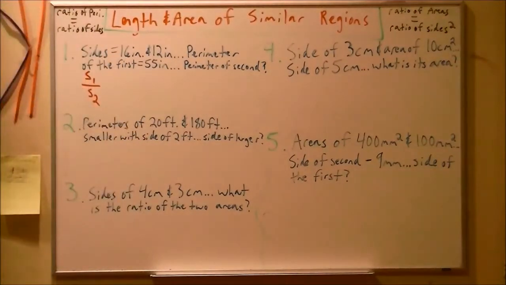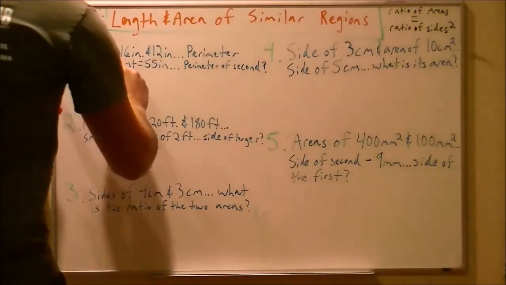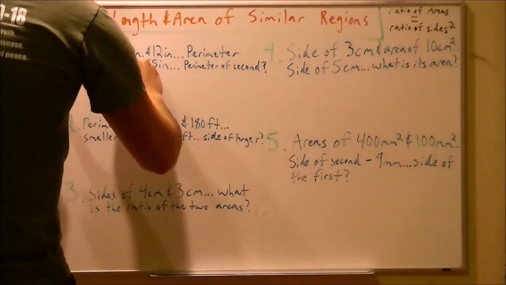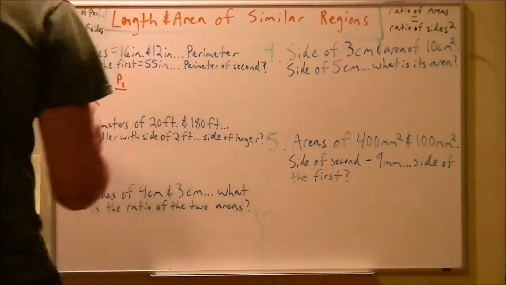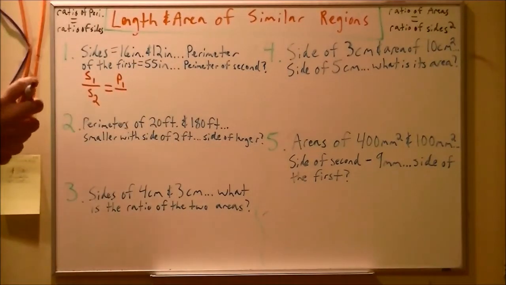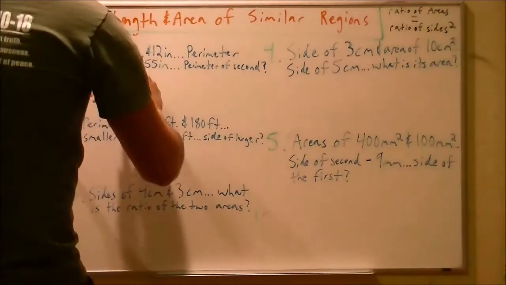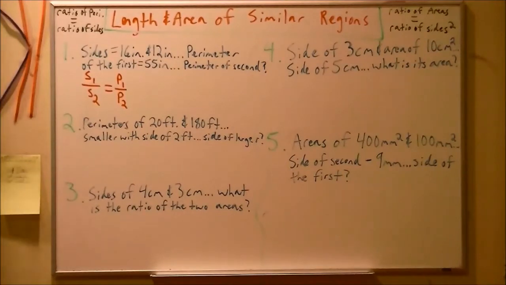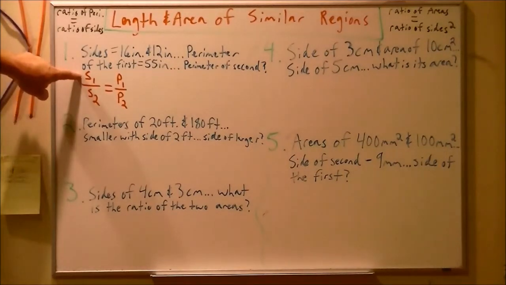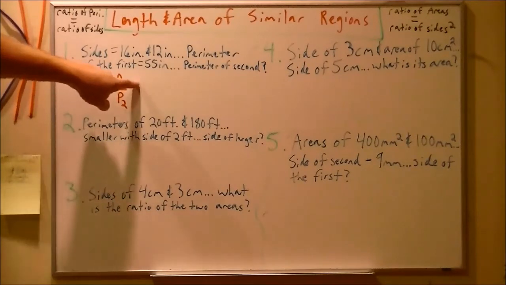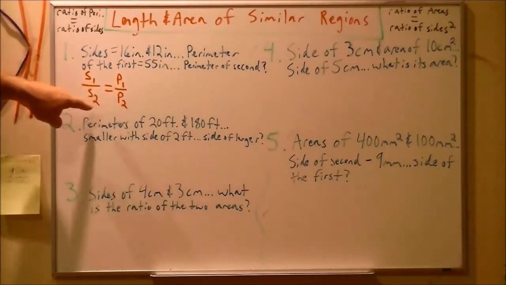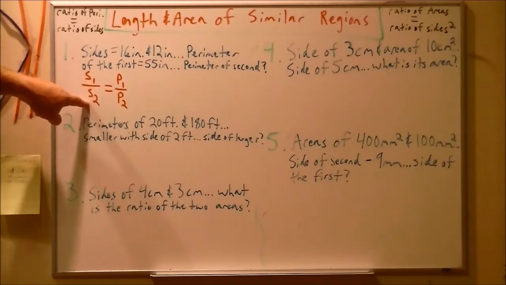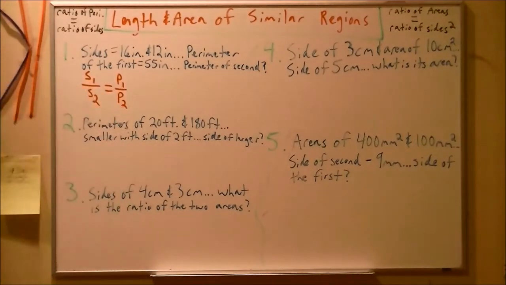Side 1 over side 2 equals the perimeter, or the length all the way around of the first, in this case triangle, over the perimeter of the second triangle. And so see how the side of that first shape corresponds with the perimeter of that first shape, and the side of that second shape corresponds with the perimeter of that second shape.